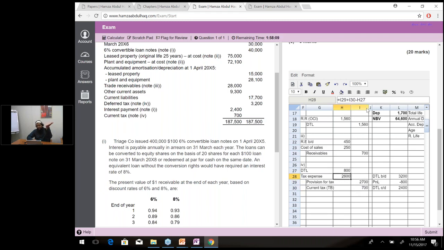So I've added both of them, 2700 plus 700, and the deferred tax liability has been decreased. So liability debit, tax expense credit. So this will reduce the tax expense. That's why I have deducted this. Yes, Ahmed. So the current tax is 2700 plus 700. Kuli, are you clear now?